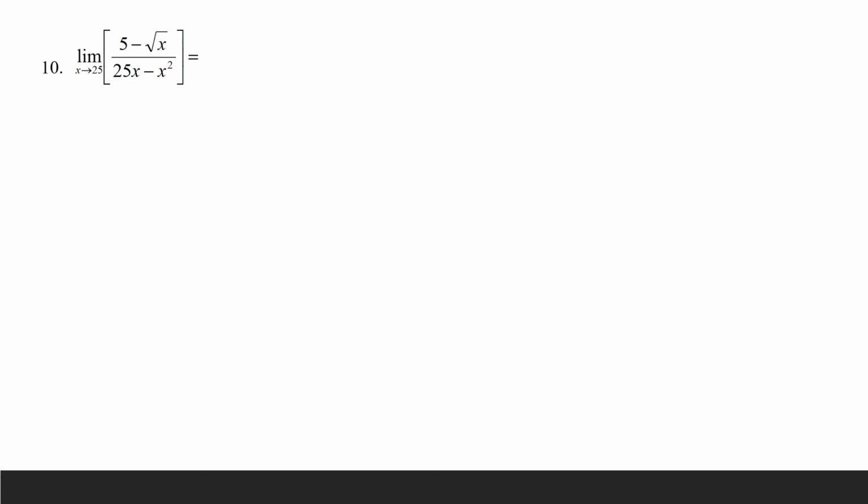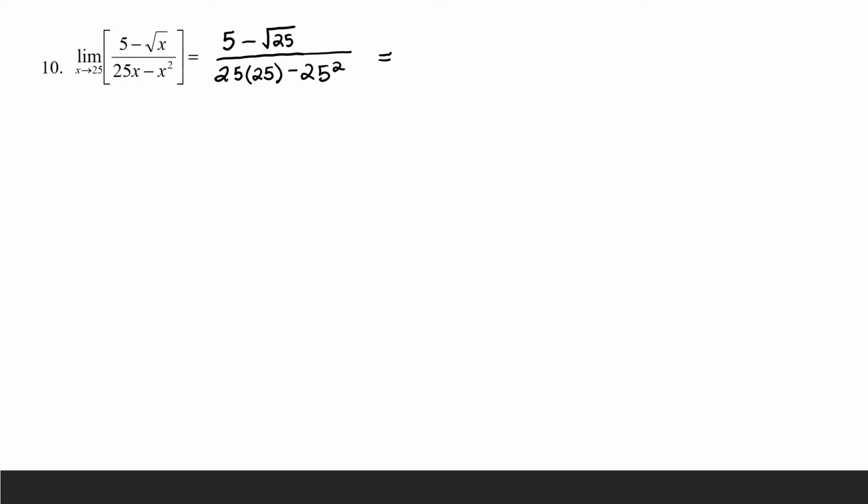Look at this wonderful mess. We want to evaluate the limit as x approaches 25 of 5 minus the square root of x, all over 25x minus x squared. First, we'll try direct substitution. So we have 5 minus the square root of 25 over 25 times 25 minus 25 squared.